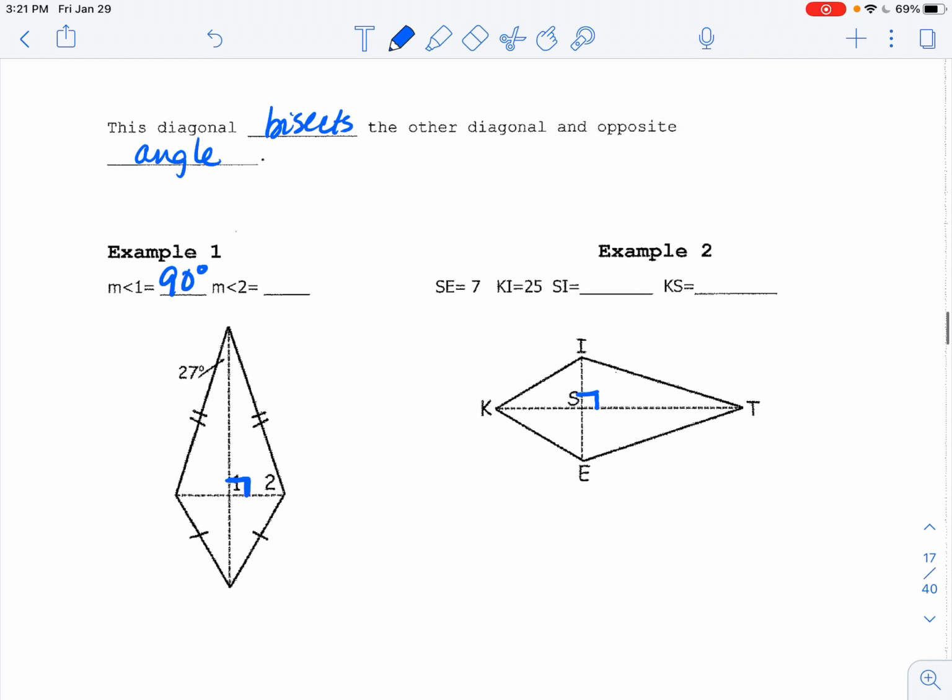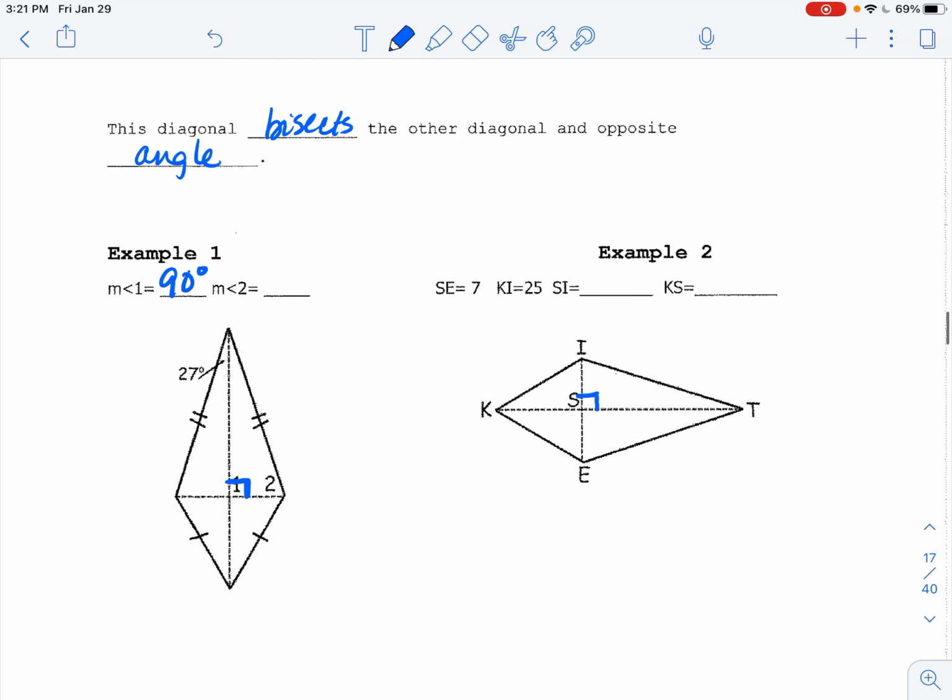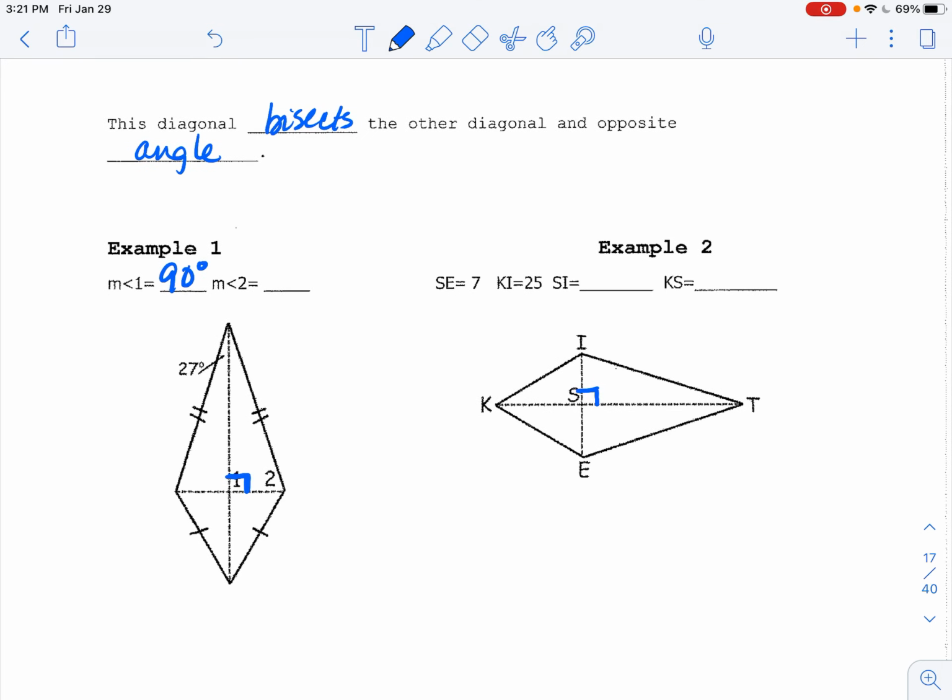One pair of opposite angles are congruent. And the diagonal bisects the other diagonal and opposite angle. So this diagonal is going to bisect this angle, and so if this little piece on the left is 27, then this little piece on the right is also 27.